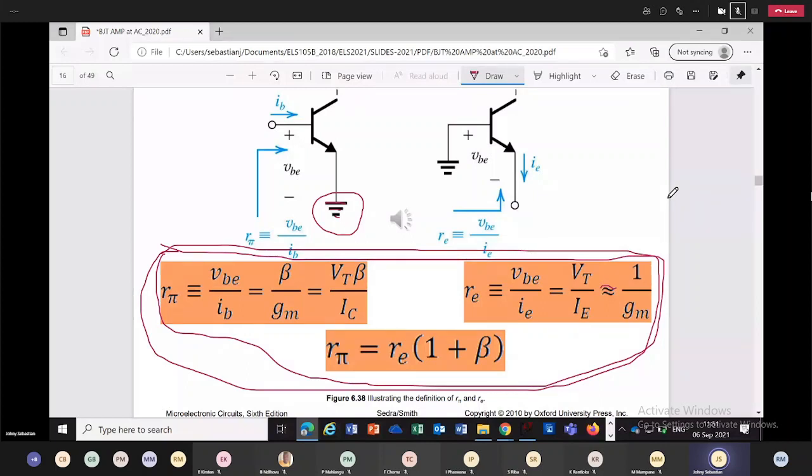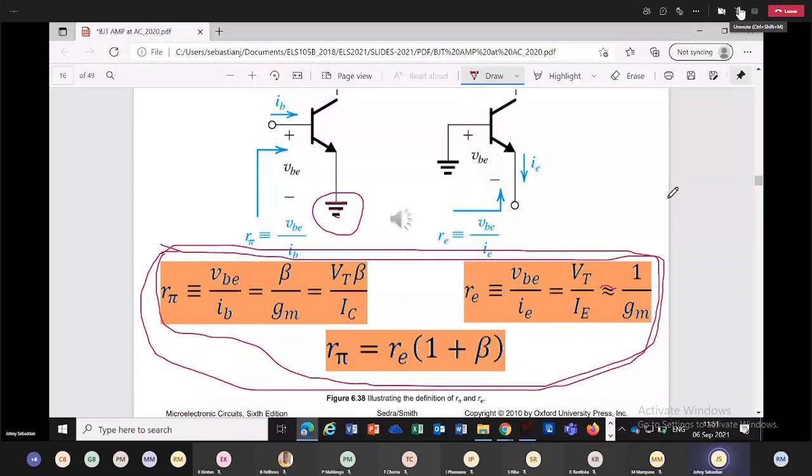Time for questions. Internal resistance or input resistance? You wouldn't need to.